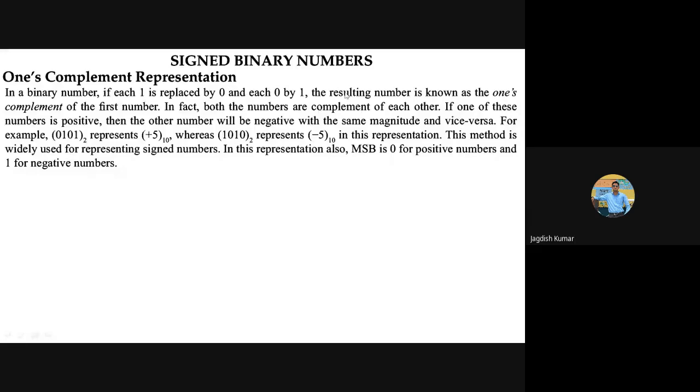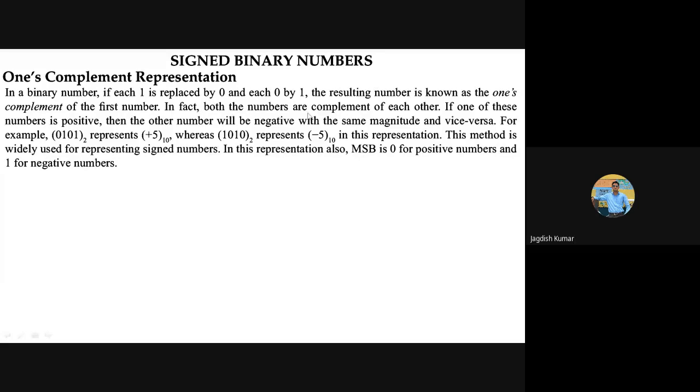The number that comes out of complementing the bits of a binary number is called the one's complement. So complement means for 0, 1 is its complement, for 1, 0 is its complement.